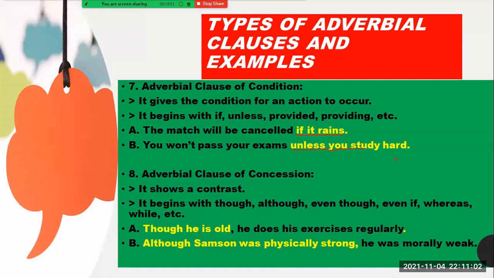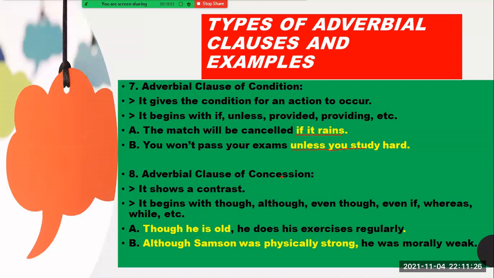All right. Now, number 8, adverbial clause of concession. When you concede something, you make provision for an alternative or a contrasting idea. All right. So you accept a contrary opinion.